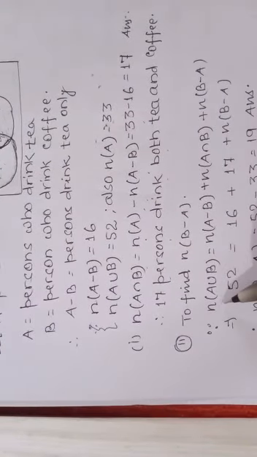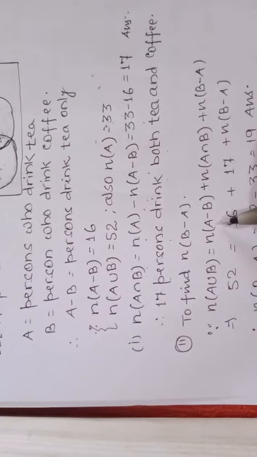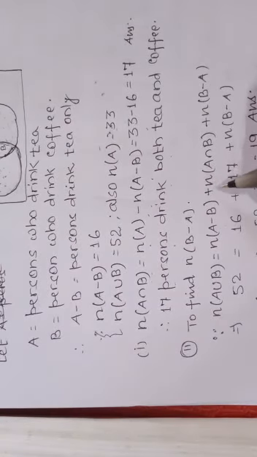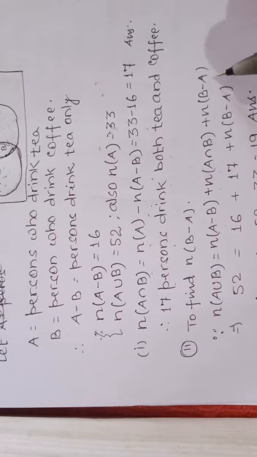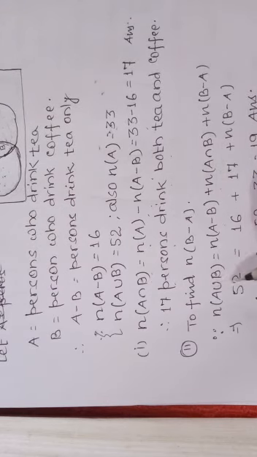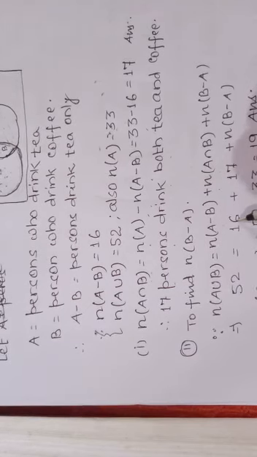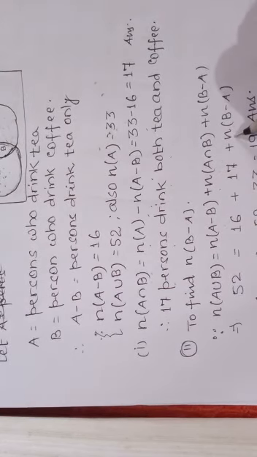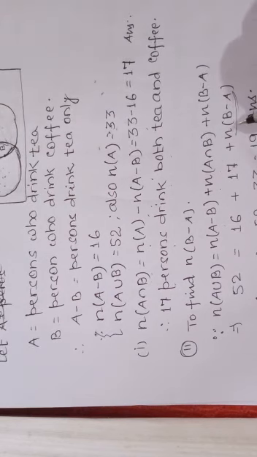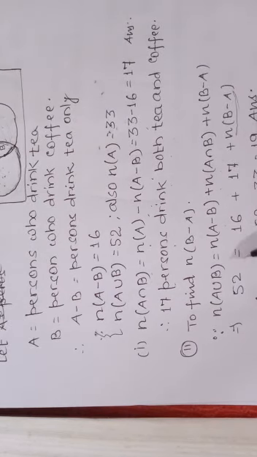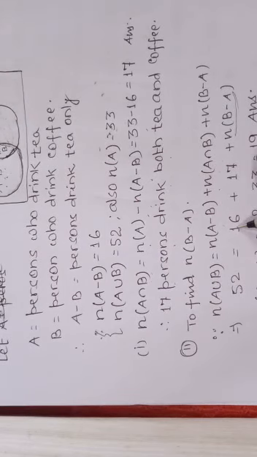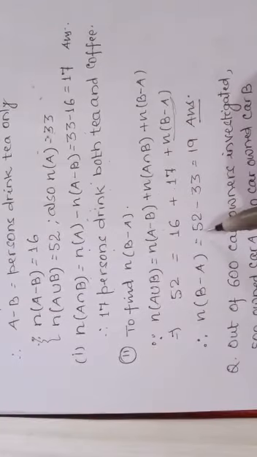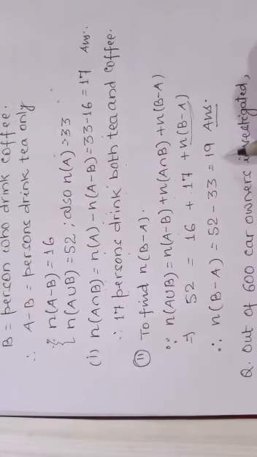You already know the number of elements of A union B is equal to the number of elements of A minus B plus the number of elements of A intersection B plus the number of elements of B minus A. This is given 52, 16, 17 and this is to be found. So the number of elements of B minus A will be 52 minus 16 minus 17, that is 52 minus 33, which is equal to 19.